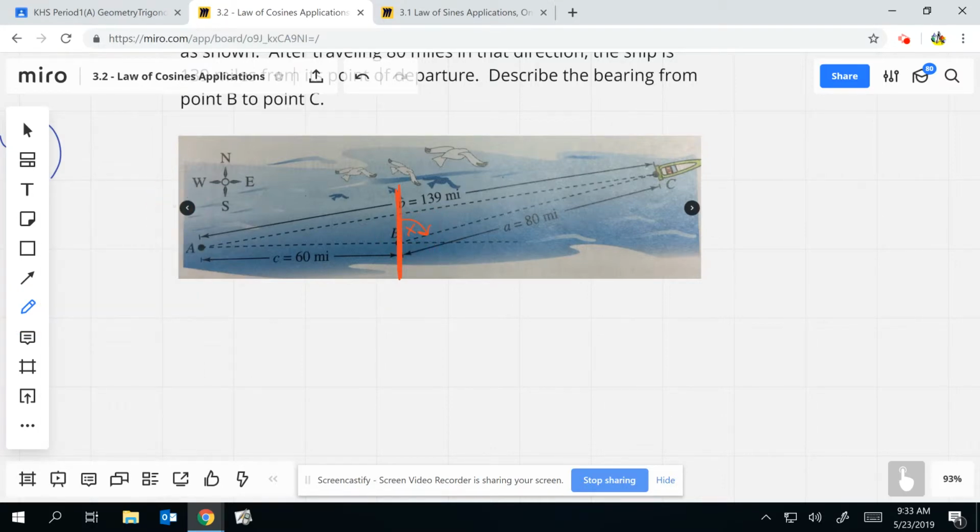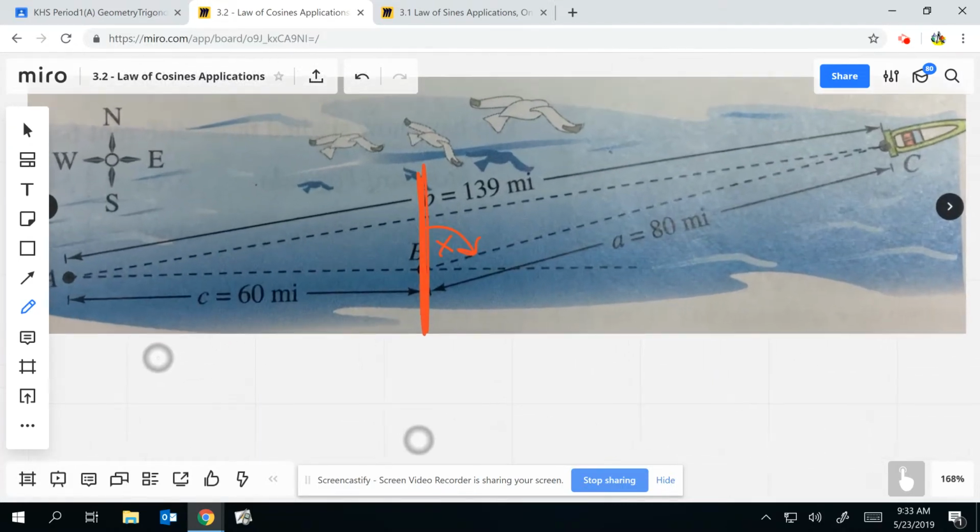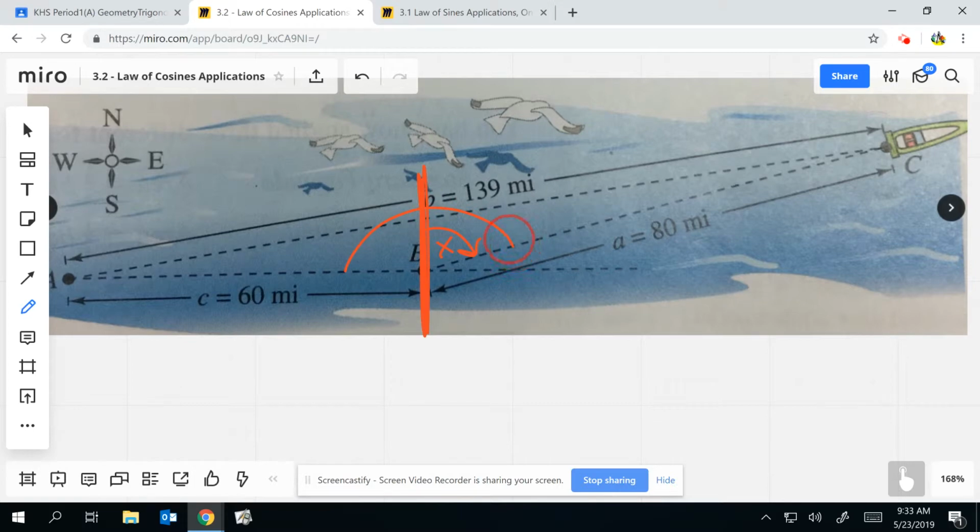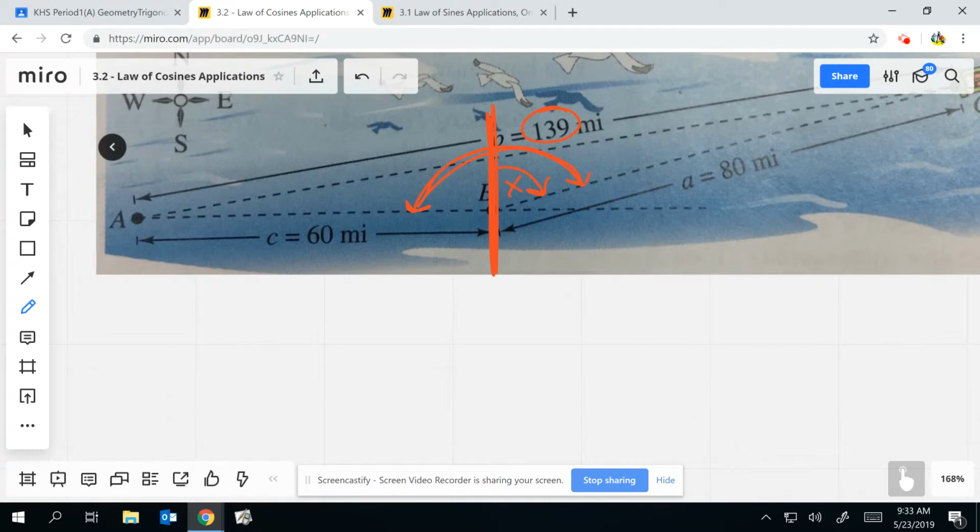What is that bearing? Okay, so we are going to need to find the entire angle B. From here to here, we need this angle. That means we have to use the law of cosines to get that angle because we've got all 3 sides. So I need to use the 139 to match up with angle B, right?